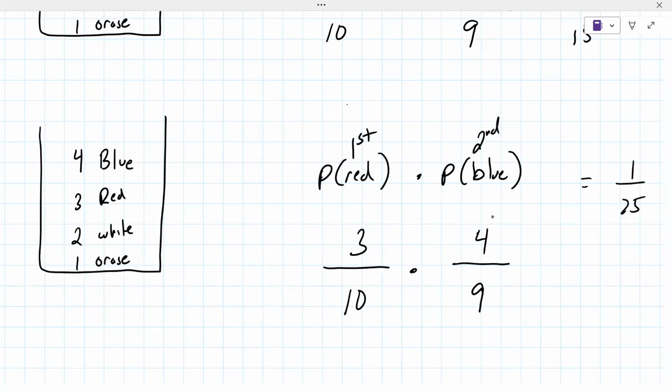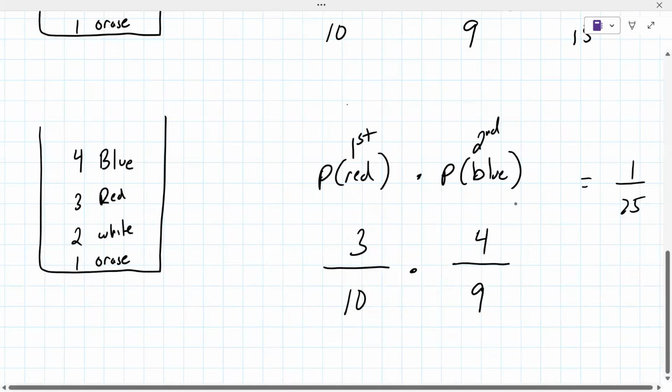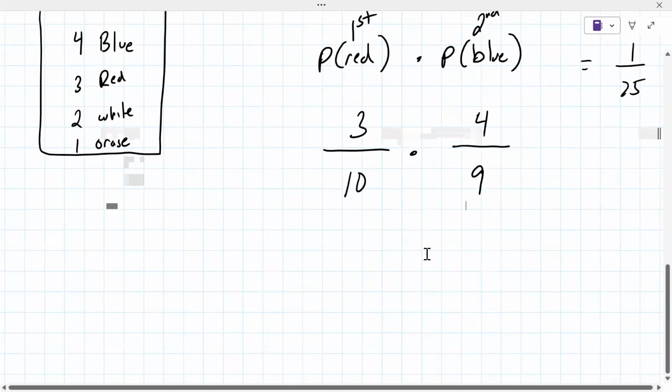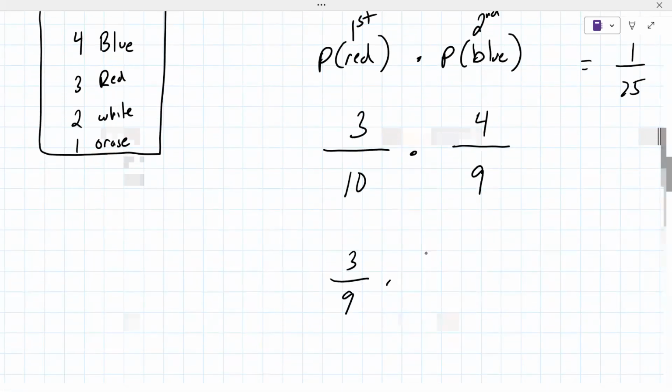Okay. So this time you have to reduce this. You can reduce not diagonally, but you can imagine the 3 is really above the 9 and the 4 is above the 10. That's okay. So again, why don't you reduce this for us, please? Okay.